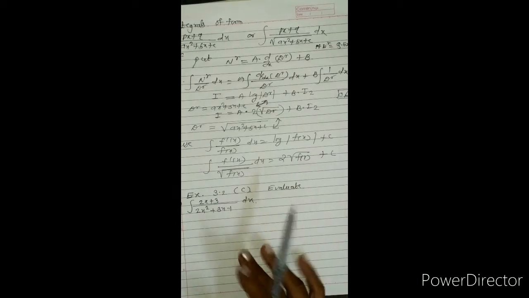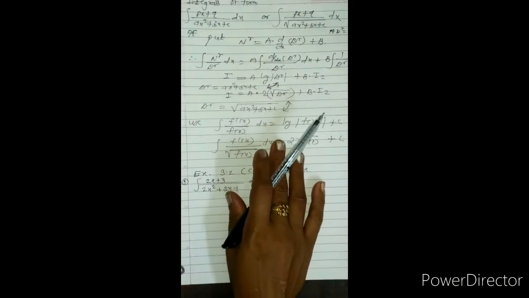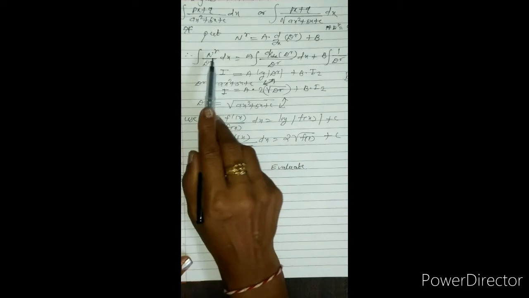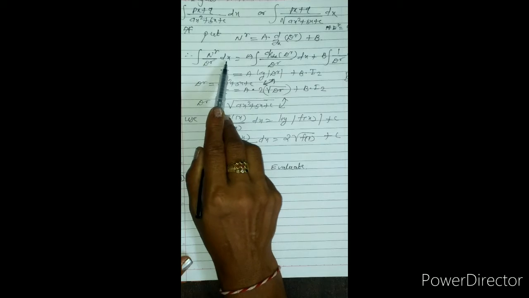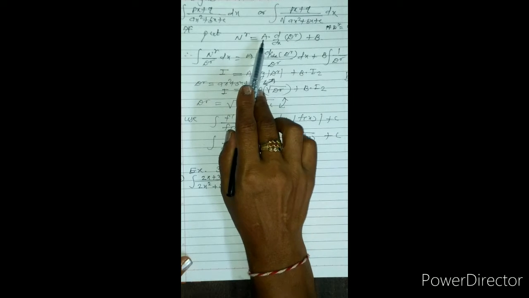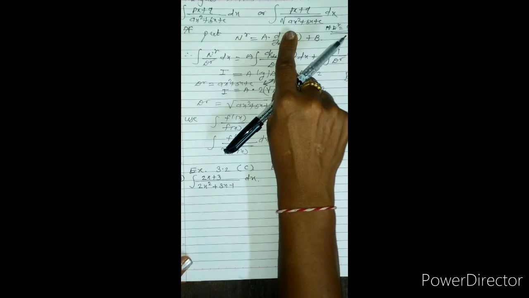Now for this type of substitution, we take some examples on the integrals. But before this, let us see how the simplification takes place. We take the numerator upon the denominator, integral with respect to x, and the substitution for the numerator is a times the derivative of the denominator plus b. But remember that the denominator is always a quadratic expression, which may be inside the root sign or free from the root sign.